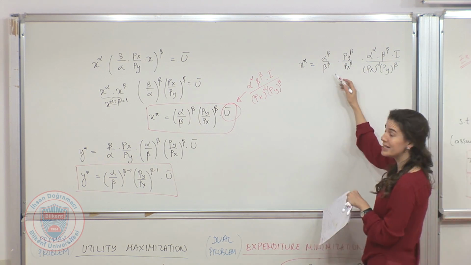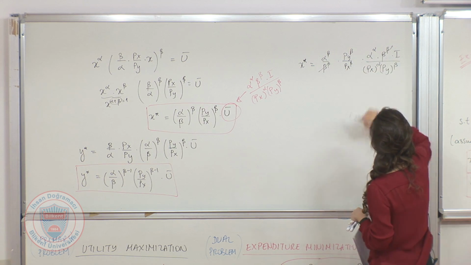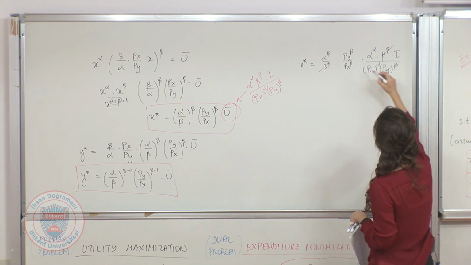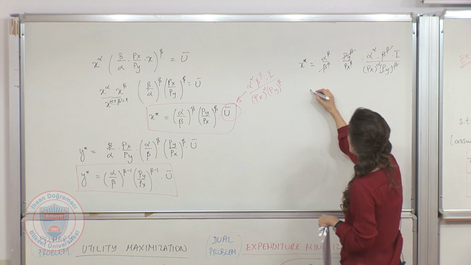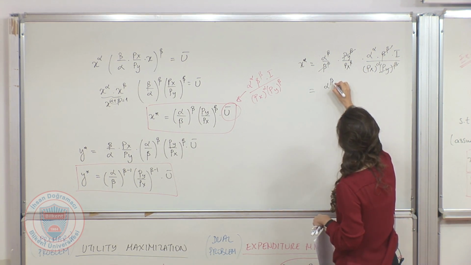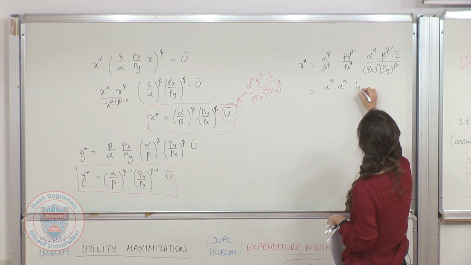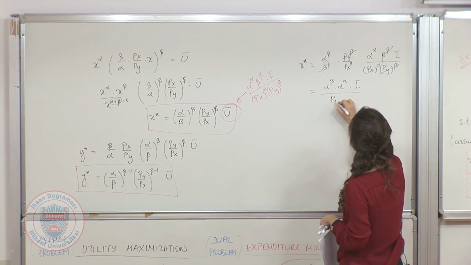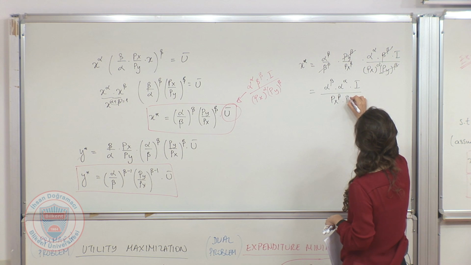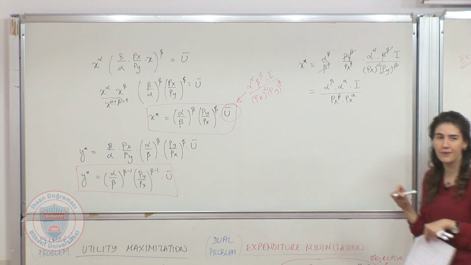So you see that these guys cancel out. This goes away, this goes away, this goes away. So I'm left with alpha to the power beta, alpha to the power alpha times I divided by px to the power beta, px to the power alpha.